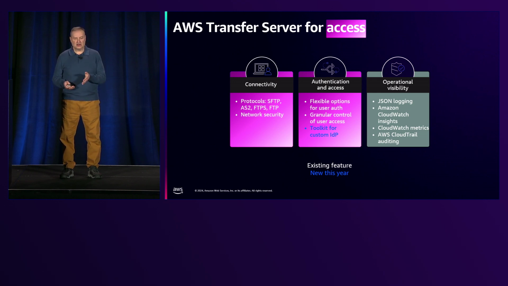And of course, we log all the data plane and control plane API calls to CloudWatch and to CloudTrail. We use JSON format for the logs so that you can easily create dashboards in CloudWatch. And of course, you have CloudTrail where you can satisfy your auditing requirement.